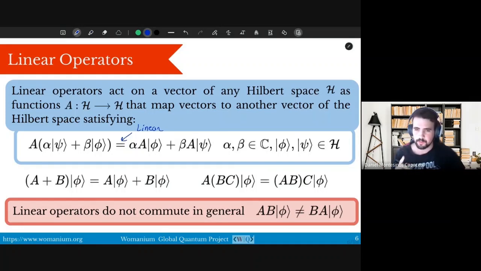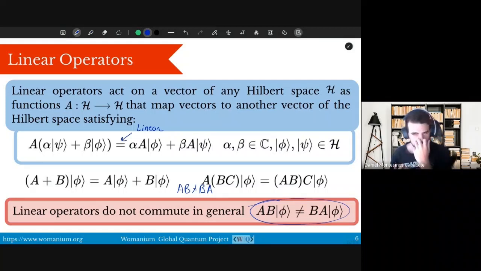Something quite important to highlight is that linear operators don't commute in general. The meaning of that is just this expression here. If you have two operators A and B, AB is not the same as BA. In general, this is not true. It can be true depending on the operator, but in general, you cannot say that two operators are going to commute.